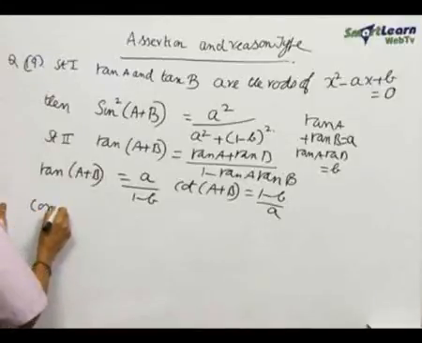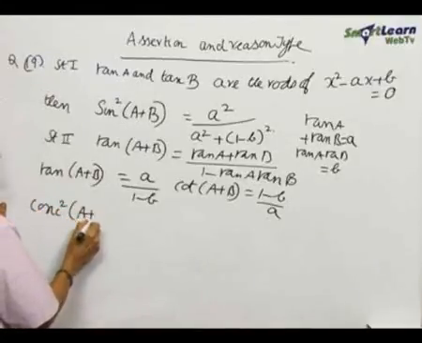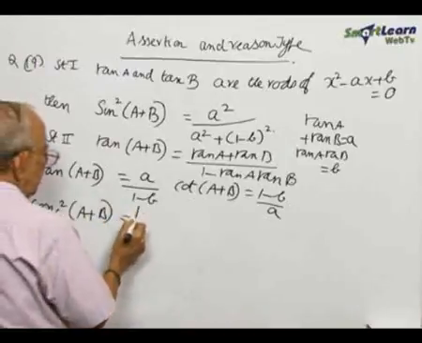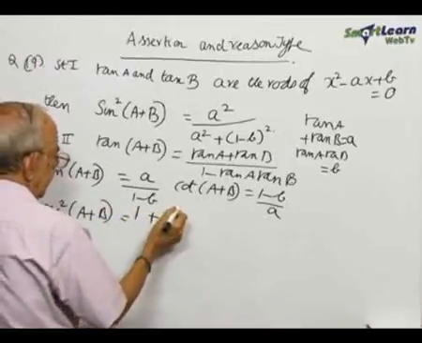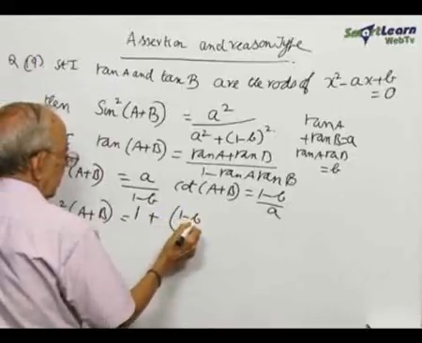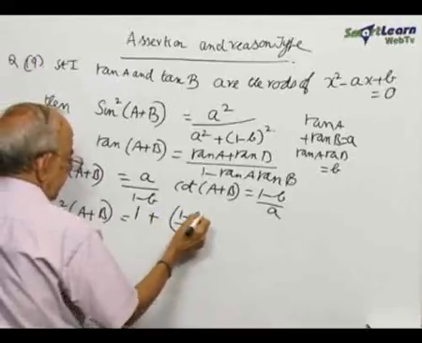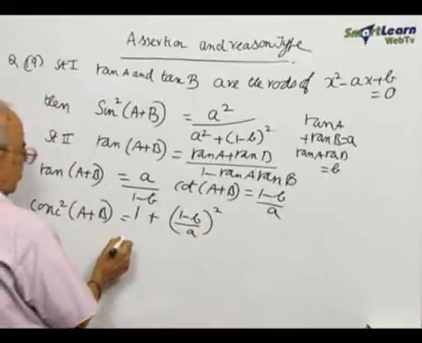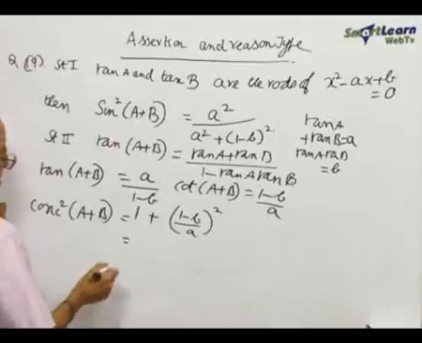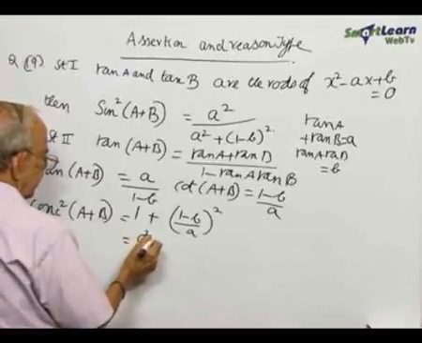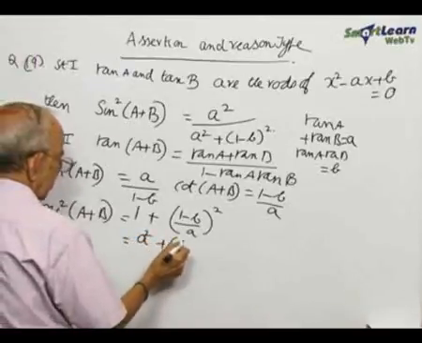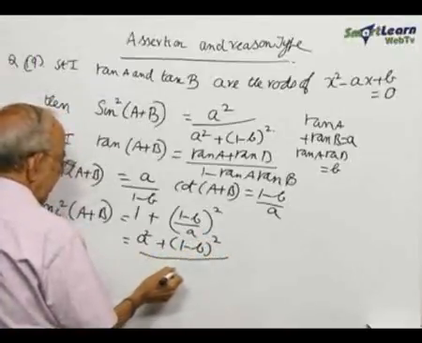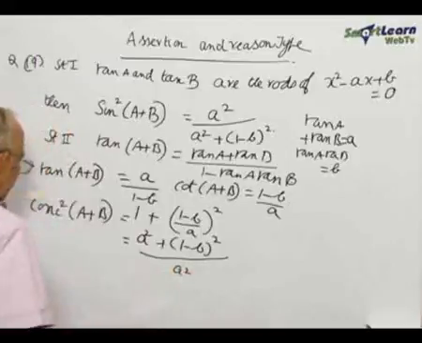That implies cot of (A plus B) is (1 minus B) by A. So, cosecant squared of (A plus B), which is 1 plus cot squared (A plus B), is 1 plus ((1 minus B) by A) whole square. That is (A squared plus (1 minus B) whole square) by A squared.